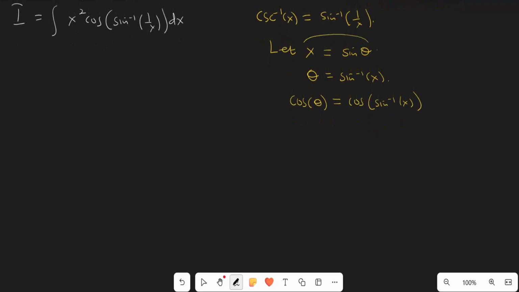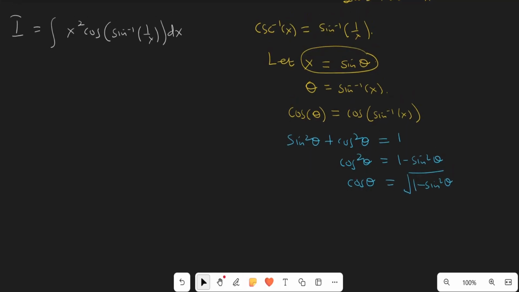From the Pythagorean identities, we know that sine squared of theta plus cosine squared of theta is equal to 1. That implies that the cosine squared of theta is equal to 1 minus the sine squared of theta. So the cosine of theta is equal to the square root of 1 minus sine squared of theta.